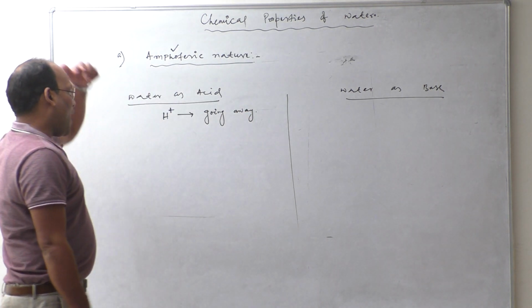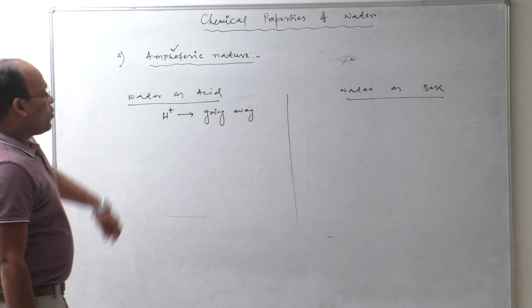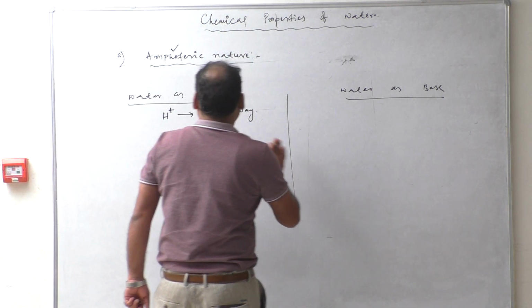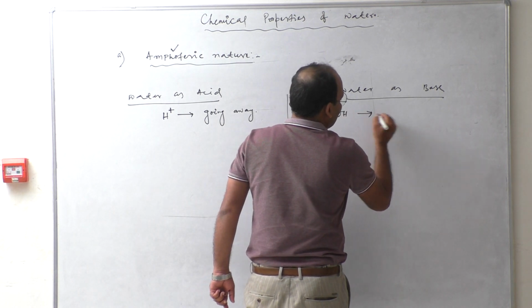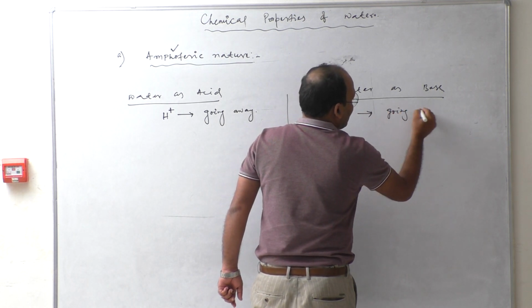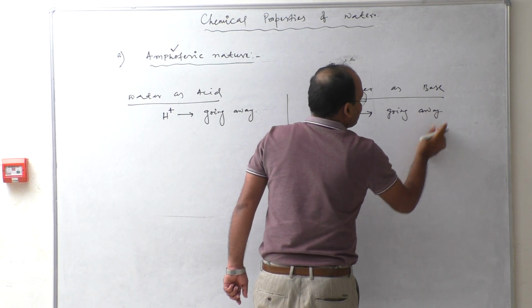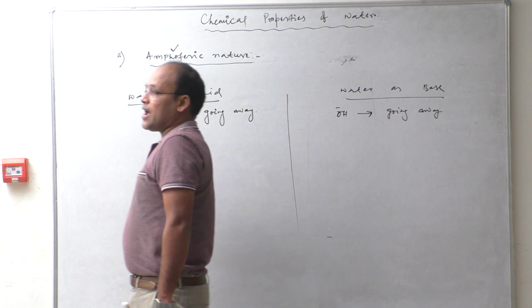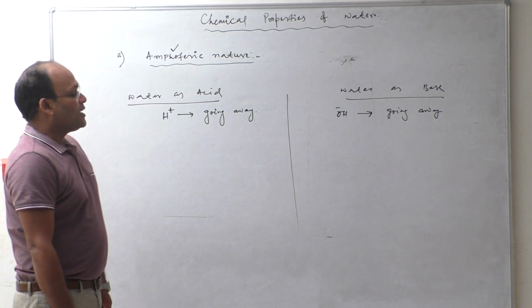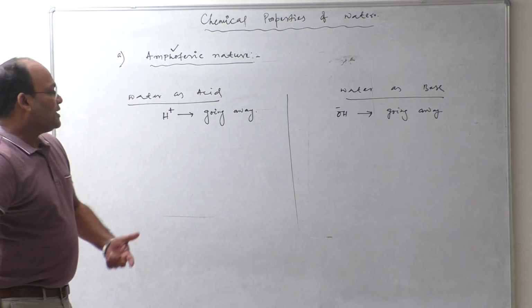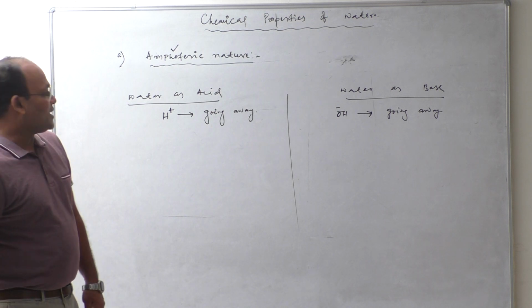In case of a base, OH minus is released, OH minus going away. If any substance gives OH minus ions, OH minus will be released, while in case of acid, H plus ions are released, right?